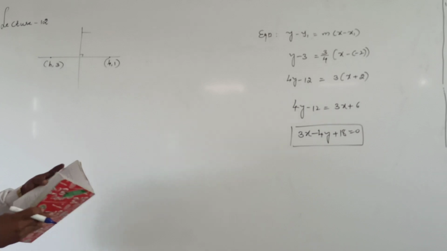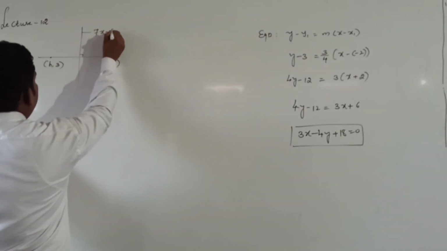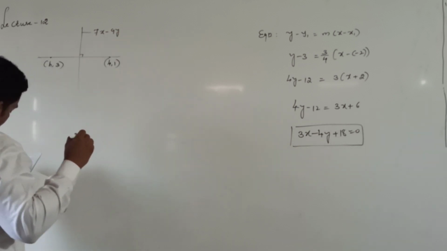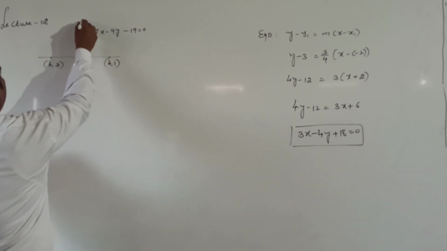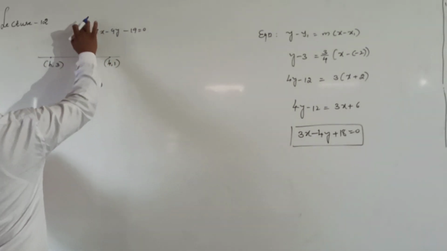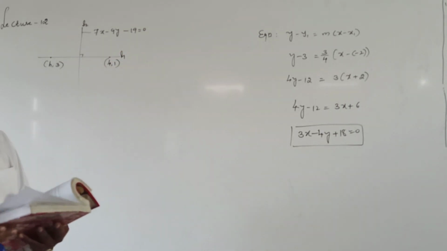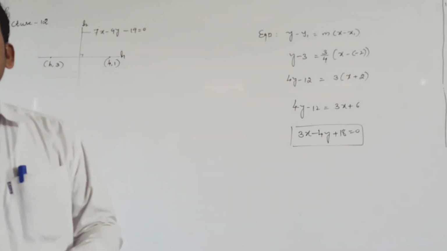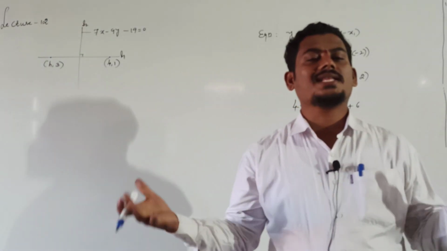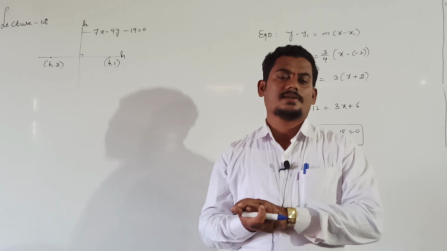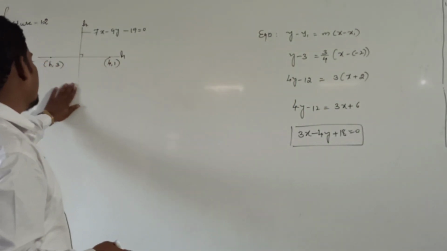What is its equation? 7x minus 9y minus 19 equal to 0. Take this as L2 and the other as L1. Two lines intersect at right angle means clearly they are mutually perpendicular to each other. Clearly L1 is perpendicular to L2.